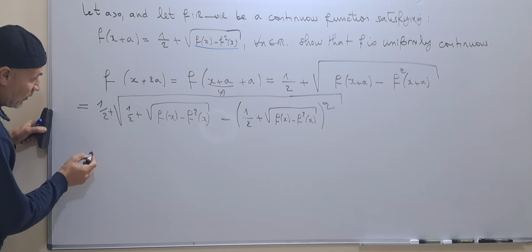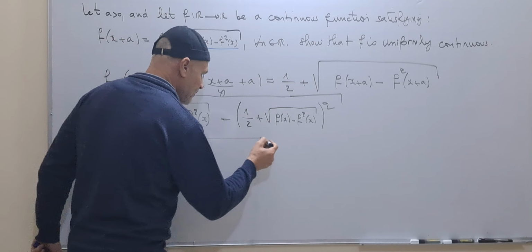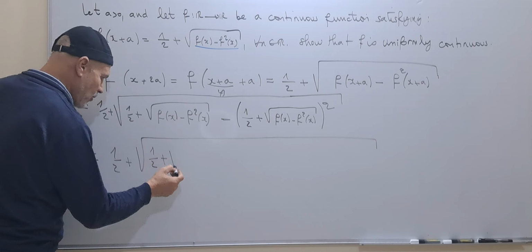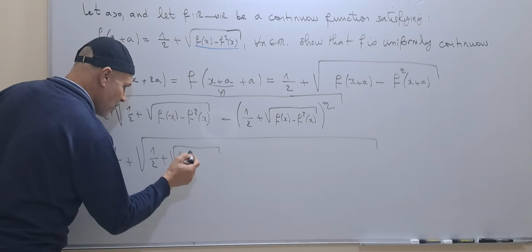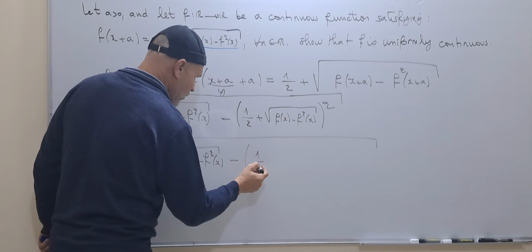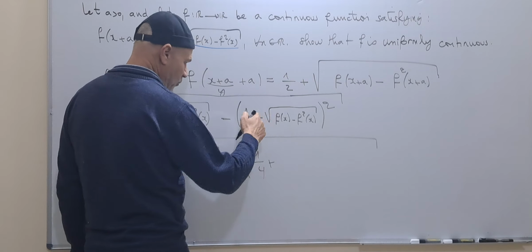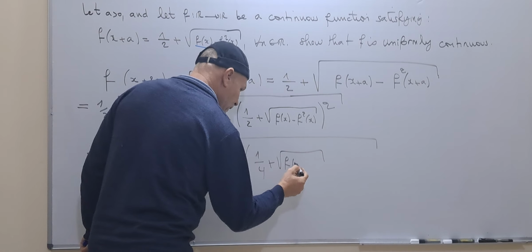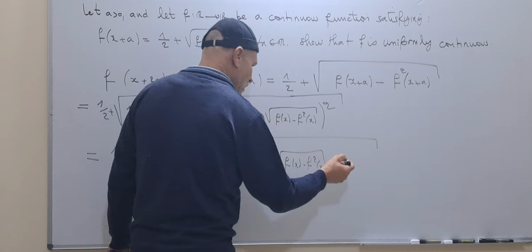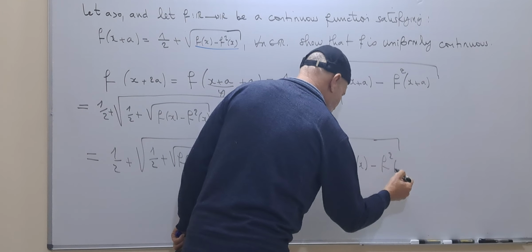We get equal to 1/2 plus the square root of this one: 1/2 plus the square root of f of x minus f square of x, minus, and here we have 1 over 4 plus 1 over 4 plus two times the square root of f of x minus f square of x, plus f of x minus f square of x.